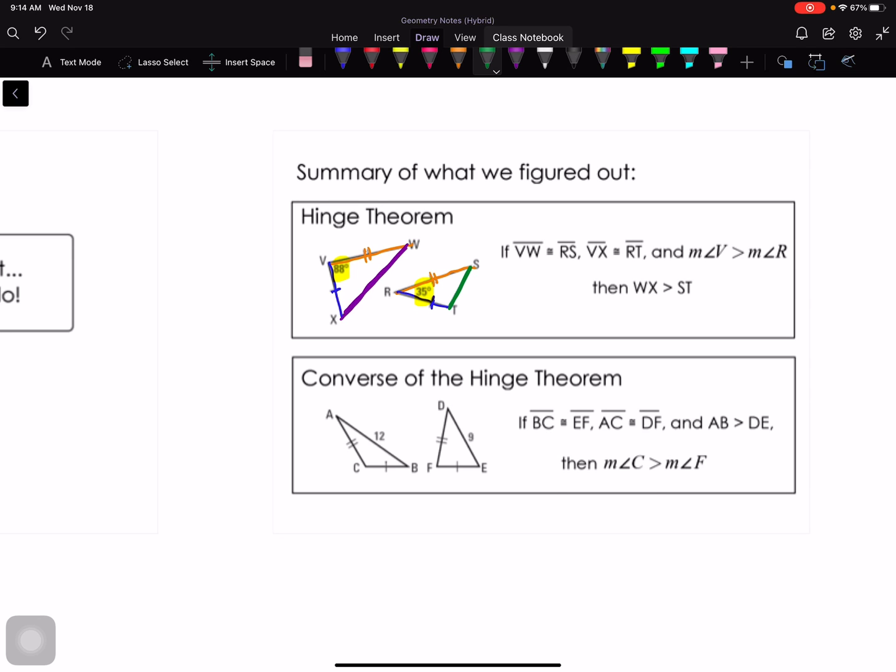But because a greater angle is going to make the side obviously a greater length, and it works in reverse as well.